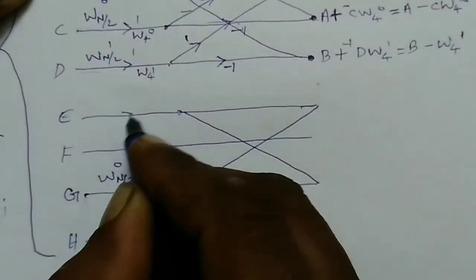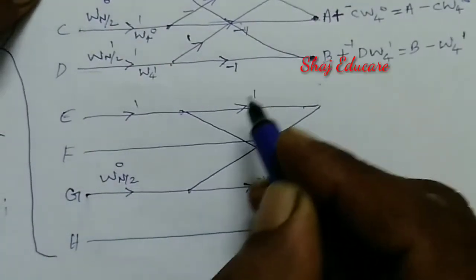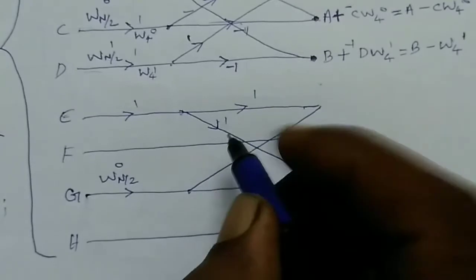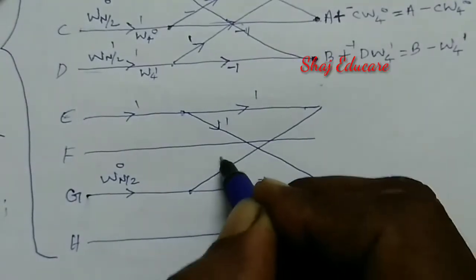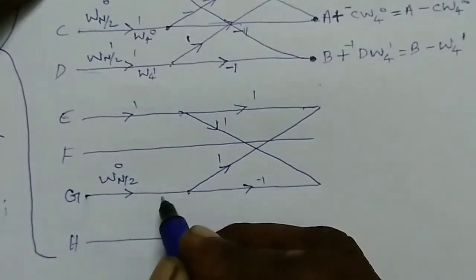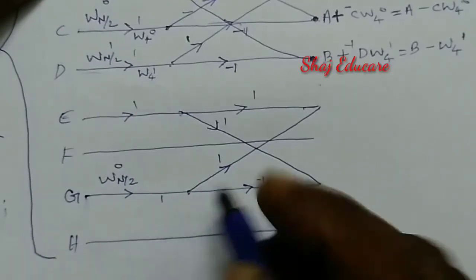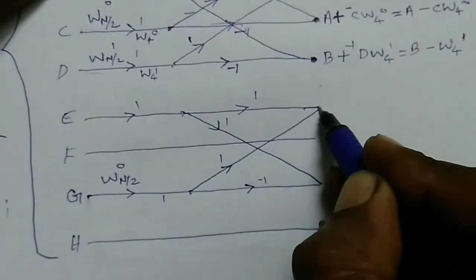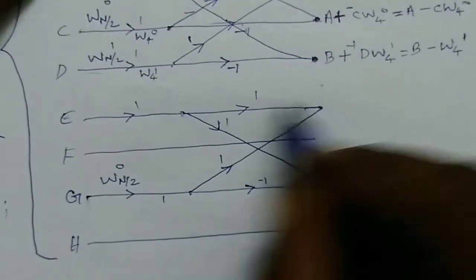In all other cases the gain is 1. Here it is a downward going connection, gain is 1. Upward going connection, gain is 1. And here also gain 1. Now let us complete the equations for the corresponding outputs.